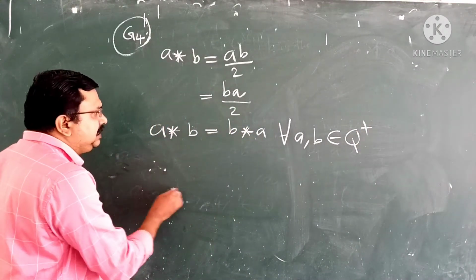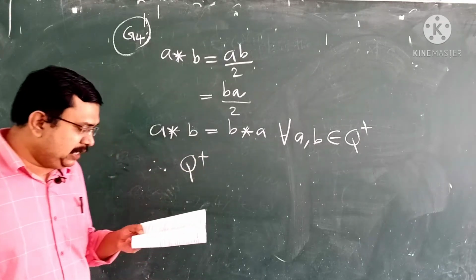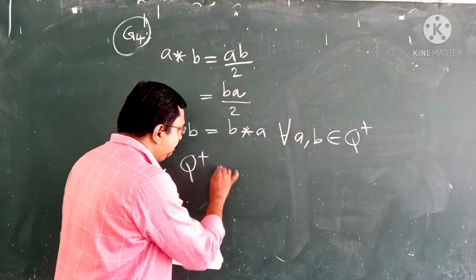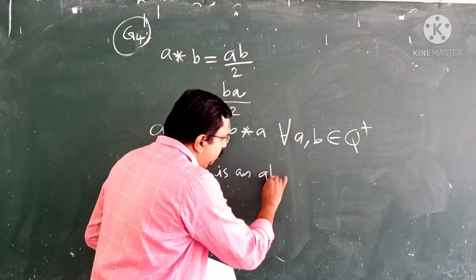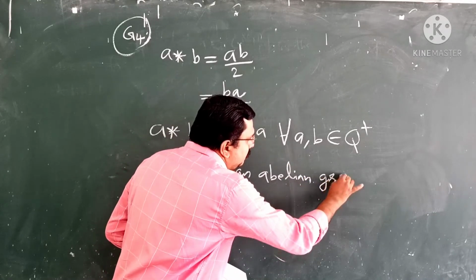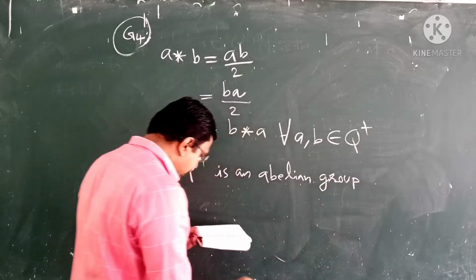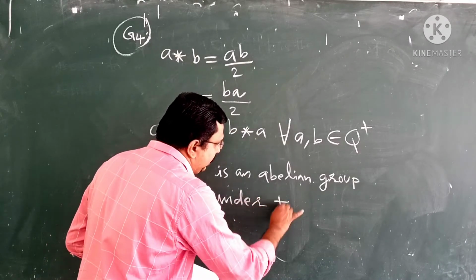Therefore we can write Q plus is an abelian group under star.